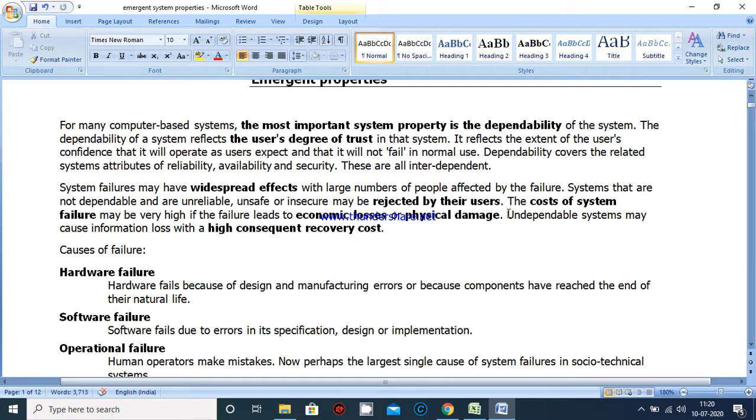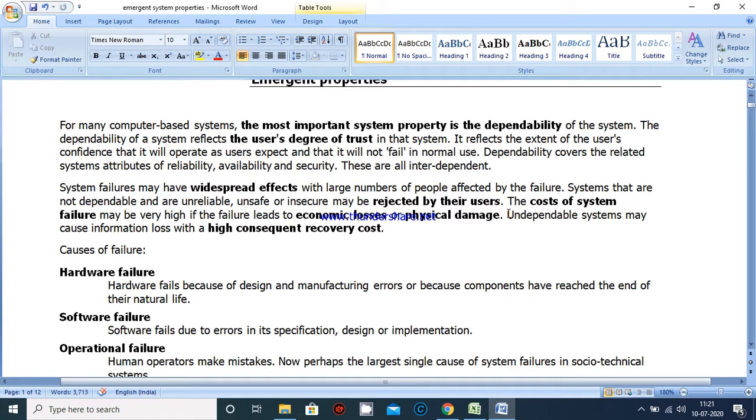It's easy to develop a particular thing, it's easy to design a particular thing, it's easy to fulfill the requirements of the customer through software functionalities, but it's not easy to provide a fully secure system to the user or customer. That's why security is the most important factor while developing or designing a particular product. These are all interdependent.